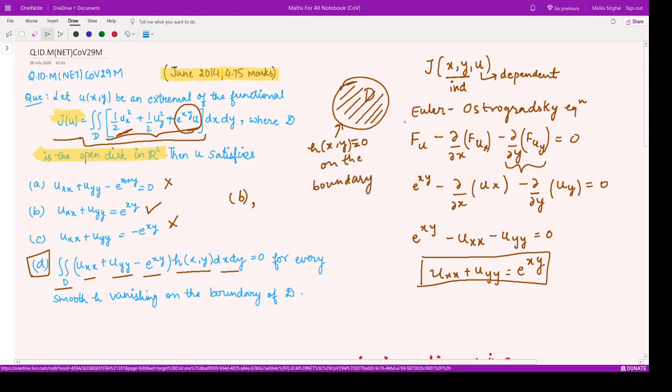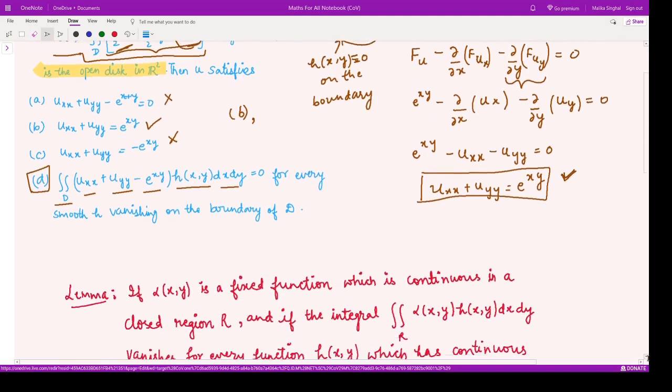So here when you put the variation of this J equal to 0, in accordance with this equation, you will get this condition. So basically this condition could be explained using this lemma.